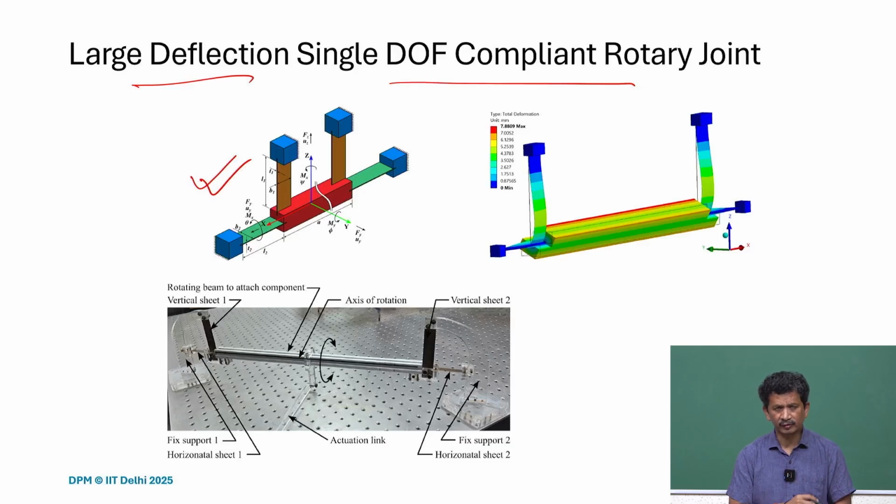We understand how it works, and we can further use FEM to find the range of motion and also the stresses, and then develop it as a proof of concept. We are developing this to use in environments where we can get rid of normal bearings. This is one setup we developed in our lab.